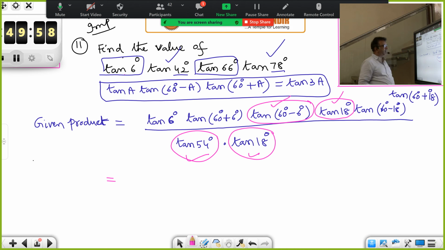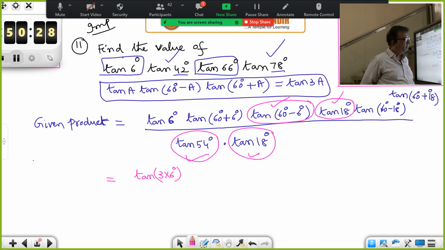Now come on, tell me, Sai Vardhan, numerator, first 3 factors. What are they? Tan 6 degrees into tan 60 plus 6 degrees into tan 60 minus 6 degrees, sir. Is equal to what? Tan 3 into 6 degrees, sir, tan 18. Correct. Tan 3a. First 3 factors. Now, last 3 factors, what is the product? Come on, read the last 3 factors, product.